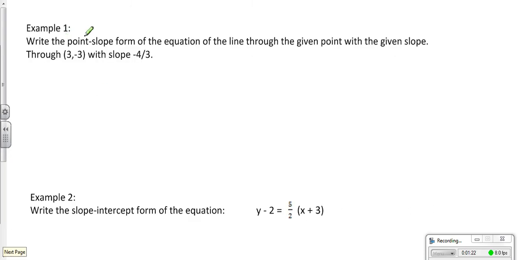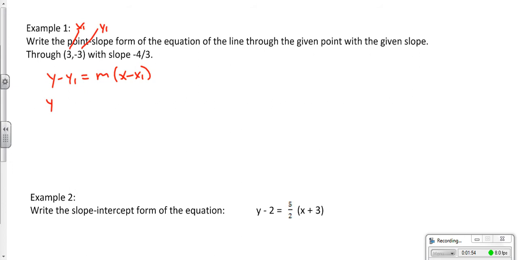Write the point-slope form of the equation of a line through the given point with the given slope. As we said before, it's y minus y1 equals m, which is slope, times x minus x1. So here is x1 and here is y1.